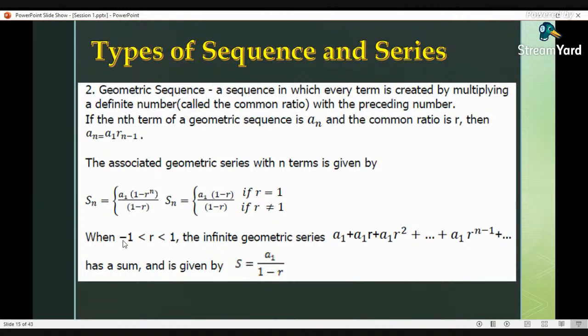Then, when negative 1 is less than the common ratio, less than 1, the infinite geometric sequence a sub 1, a sub 1 times r raised to n minus 1, etc., has the sum a sub 1 over 1 minus r. So take note of this given formula.